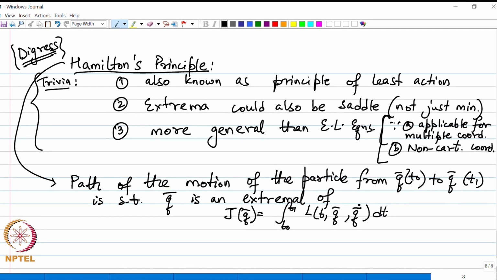So, the path of the motion of the particle from point A to point B is such that q bar is an extremal of this particular integral, also known as the action integral, right.